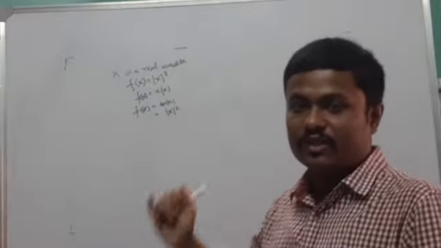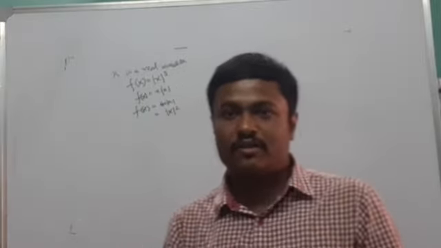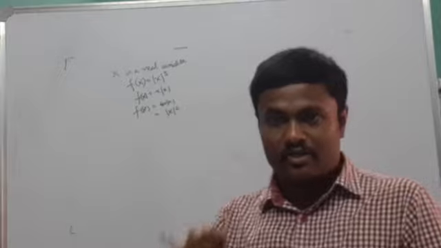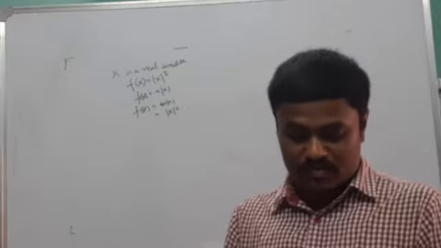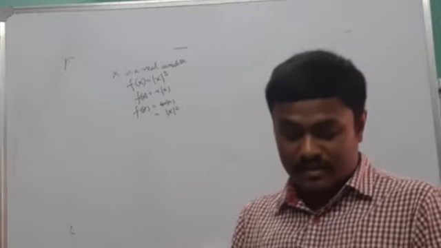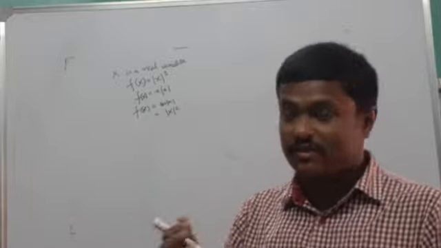So these are the 4 functions given in the options, and we are asked to evaluate which of these functions will have a discontinuity in the second derivative at x equals 0.